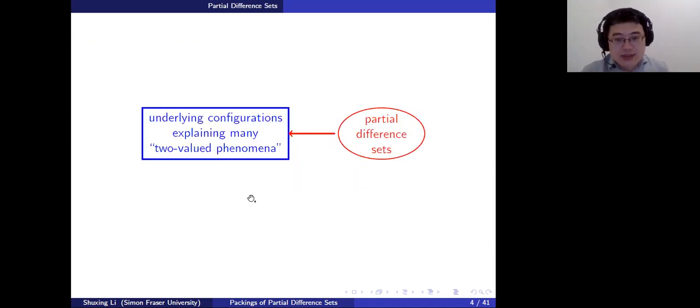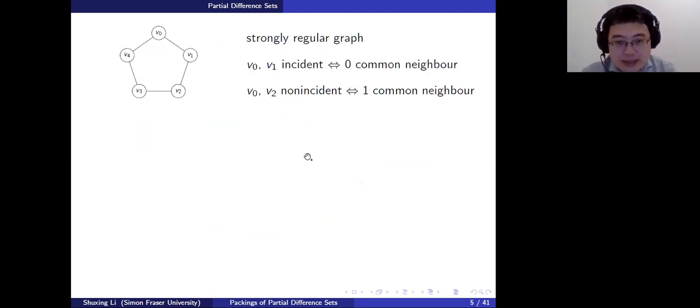So let's start with the motivation. I want to convince you that partial difference sets have strong explanatory power towards many two-valued phenomena. Let's see one simple example. We have a very simple graph, the 5-cycle.